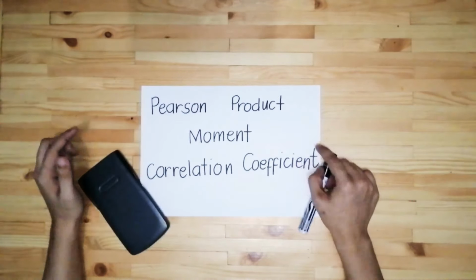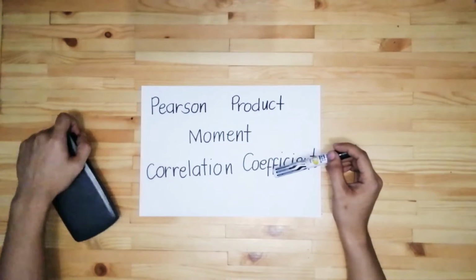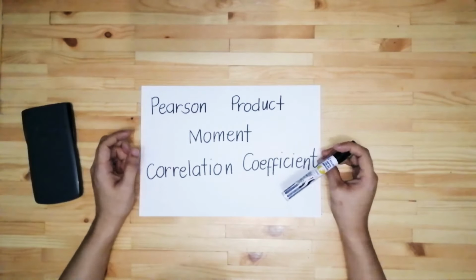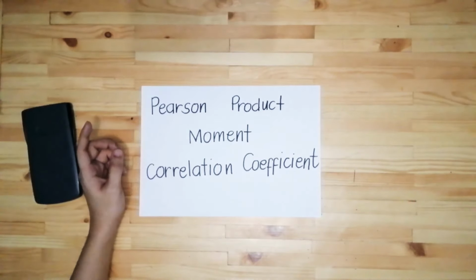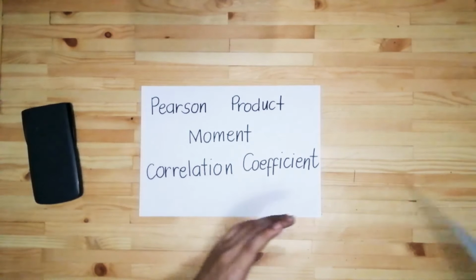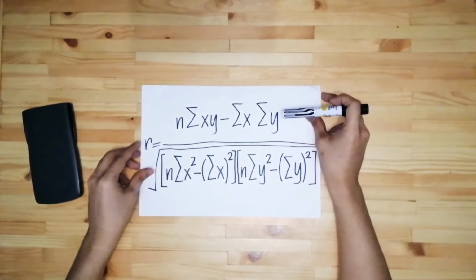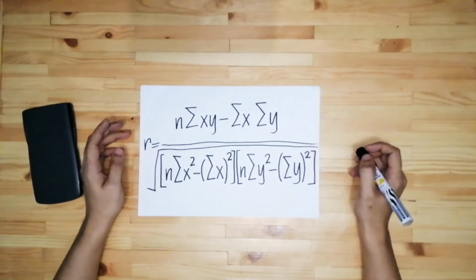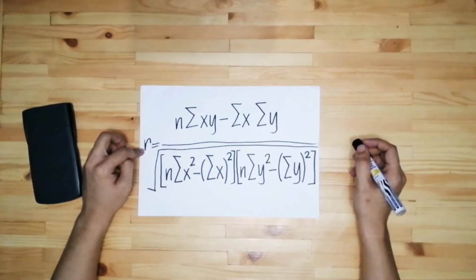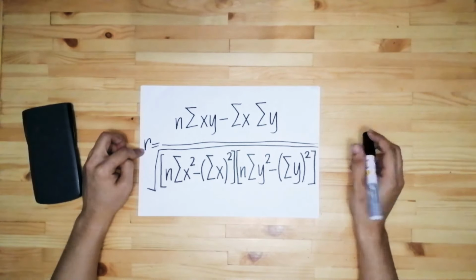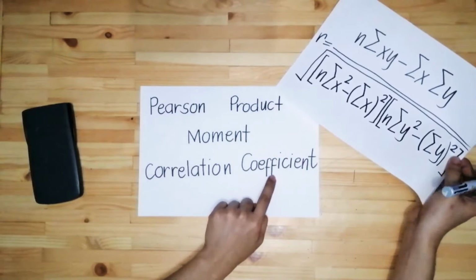Okay? So, meron tayong formula para mas madali nating malaman kung ano ba yung value ng correlation ng dalawang bagay. So, ito yung formula na gagamitin natin for this topic. Ito, medyo mukhang mahaba. Kailangan natin maintindihan to. It's R, meaning the value of the correlation or the correlation coefficient kung tawagin.